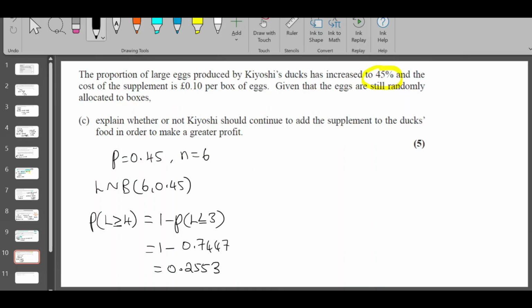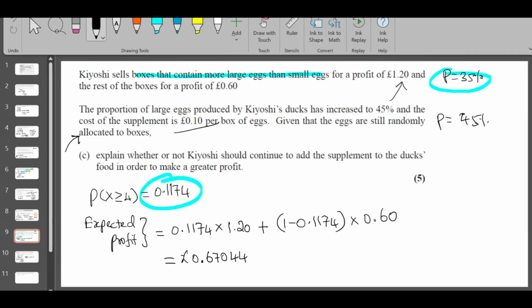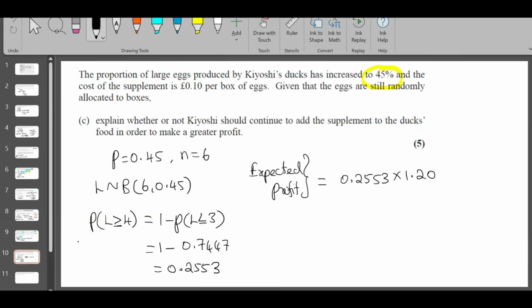Okay, now let's find the expected profit. So you have to pay attention carefully here. They sold the boxes with more large eggs than small eggs for 1.20, right? That's what is given here, 1.20, and the rest of the boxes for 0.60. So rest of the boxes means 1 minus 0.2553.